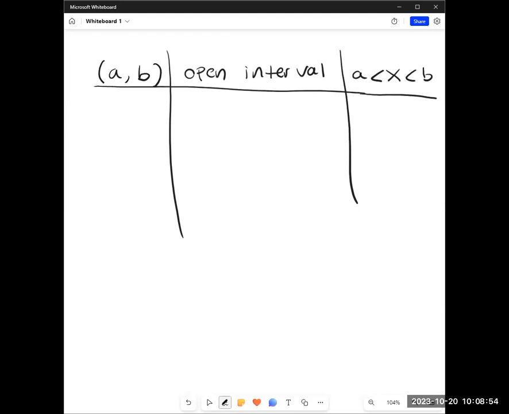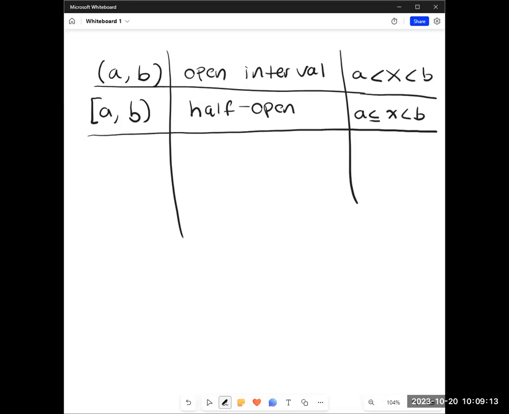Then we've got two types of intervals that are half open. This one has the lower bound included. The upper bound is not included. Or I could have the upper bound included, but the lower bound not included.